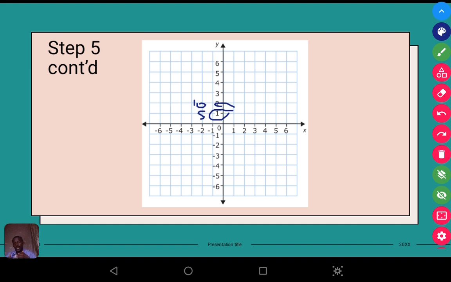So those 4 lines between 0 and 5, you have 1, 2, 3, 4, and then the next thick line is 5. Then between 5 and 10, you have another 4 lines, each of them 6, 7, 8, 9. So that is how you could decide to fix it.